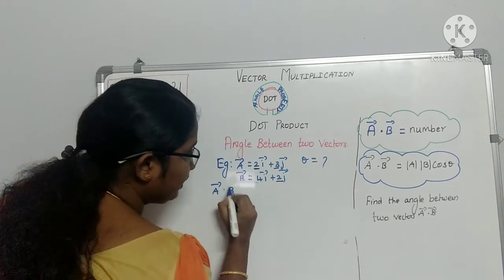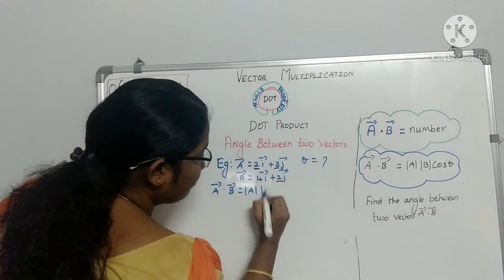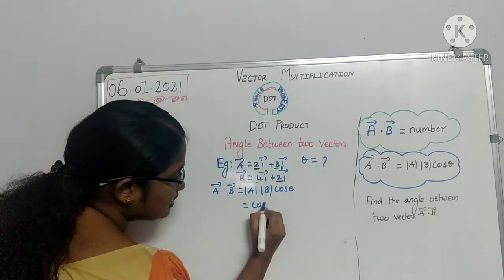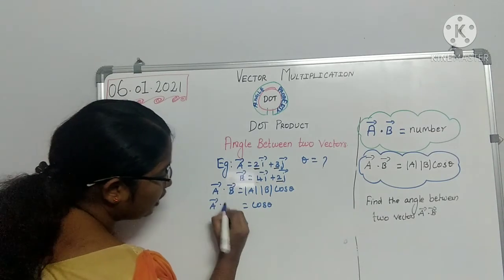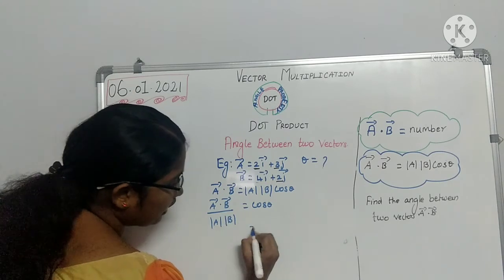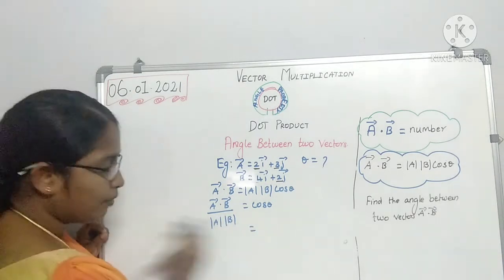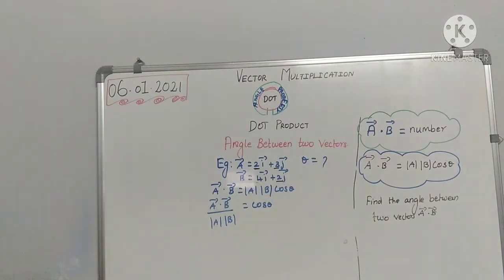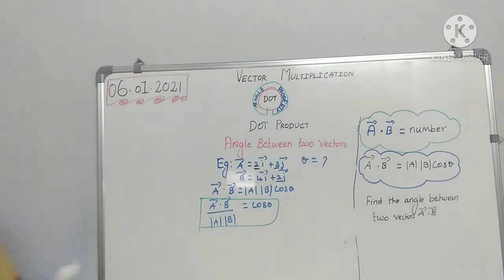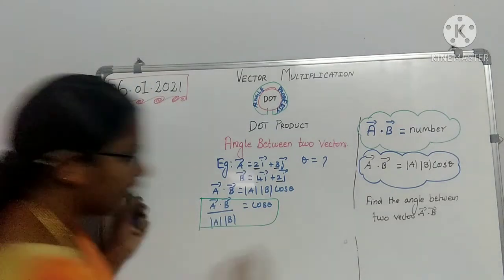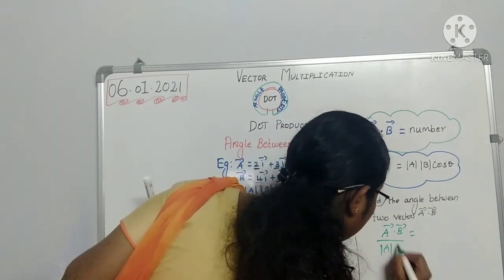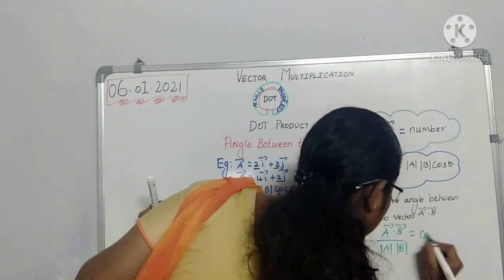A vector dot B vector is equal to mod A mod B cos theta. If you rearrange this equation, cos theta is equal to A vector dot B vector divided by mod A mod B. Already we can find mod A and mod B. This is the rearranged equation.